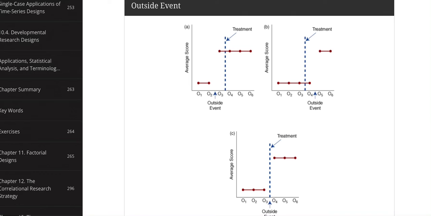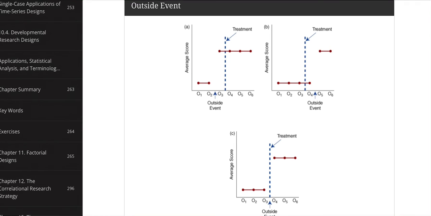And then part C down at the bottom, this is when the outside event and the treatment occur at the same time. So between observations 3 and 4, the treatment occurred, but also something else occurred. And unfortunately, when that happens, there isn't a way to see if the treatment had an effect or it was that outside event. There's no way to tell.